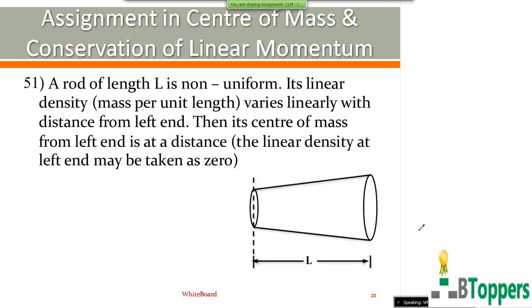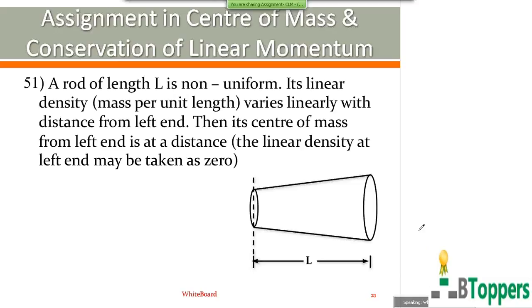See the next question, question number 51. A rod of length L is non-uniform. Linear density, mass per unit length, varies linearly with distance from the left end. Then its center of mass from the left end is at a distance what? The linear density at the left end may be taken as 0.